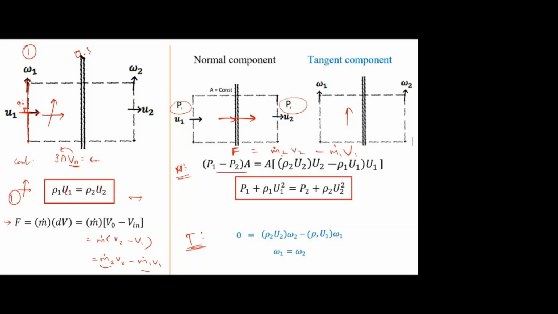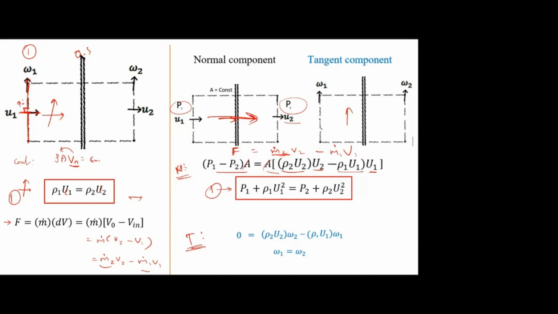Then m dot 2 is rho 2 u2 A2 with velocity u2, and m dot 1 is rho 1 u1 A1 with velocity u1. A I have taken common, then A gets cancelled. If you rearrange, you will get the normal momentum equation: P1 plus rho 1 u1 squared is equal to P2 plus rho 2 u2 squared. Is that clear, right? First one for the normal component.